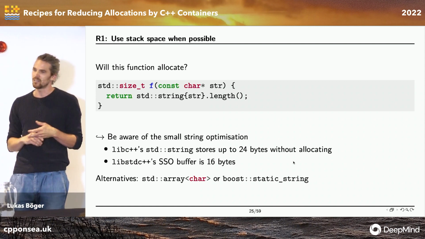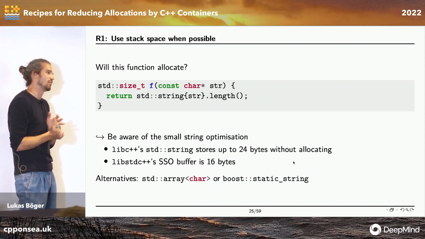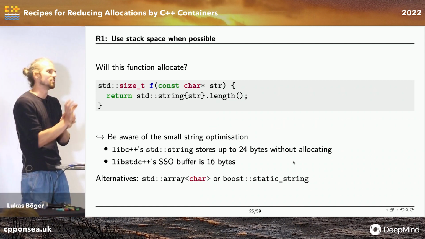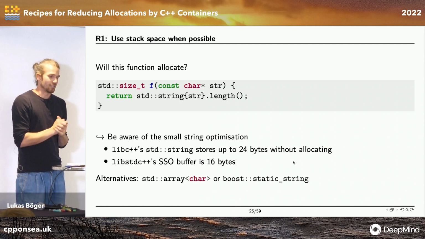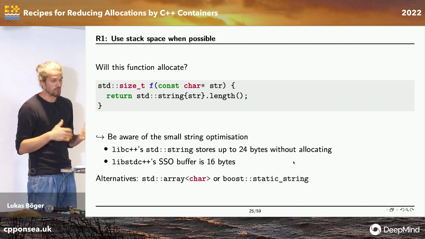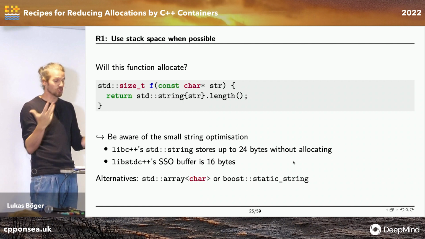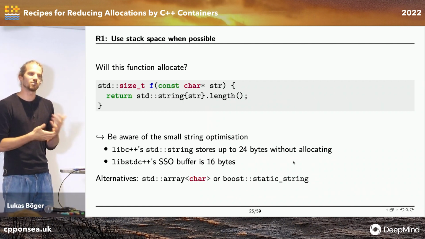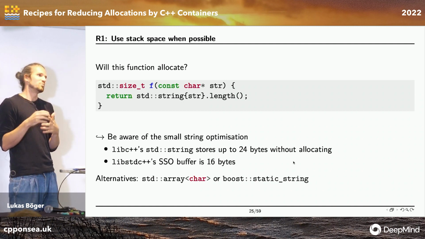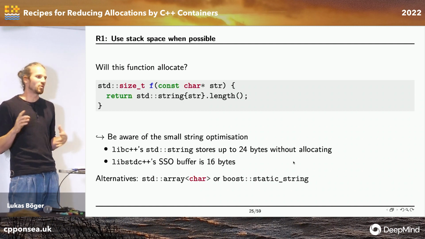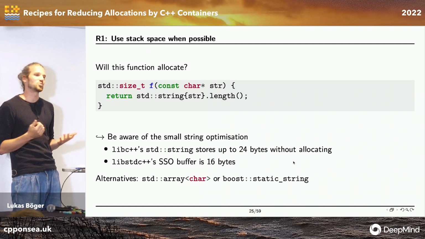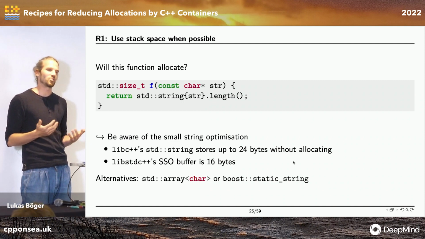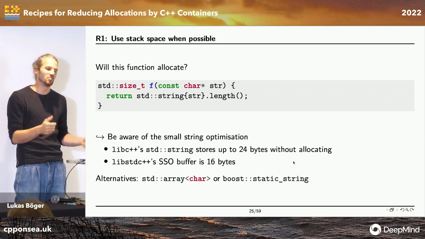std::string has a small string optimization buffer that lives within the object itself. And depending on the standard library implementation that you use, you should be aware of that. I don't think it's necessarily good practice to say, I assume that we will always use small strings, so I never need to worry about string allocations because that's in the SSO buffer.